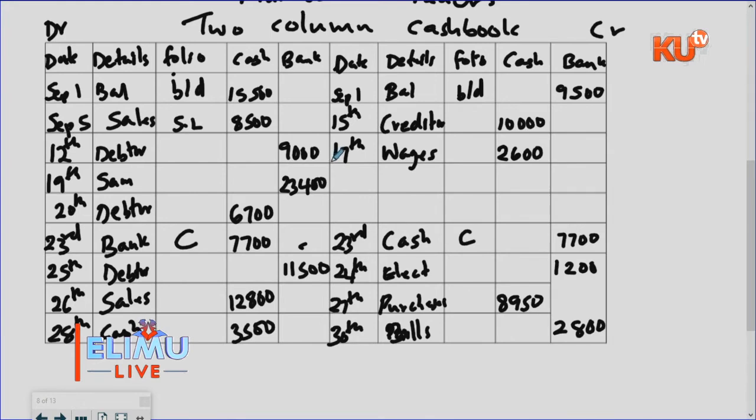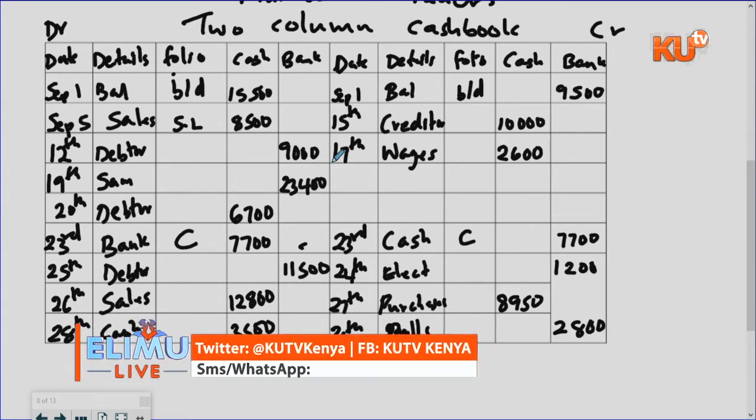Let's get the total of cash on the debit side. The total of cash on the debit side. So you take 15,500 plus 8,500 plus 6,700 plus 7,700 plus 12,860 plus 3,500.